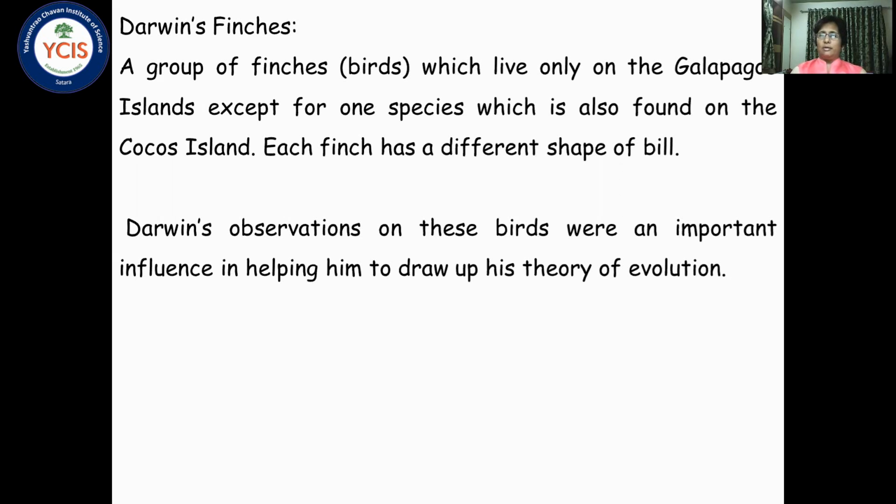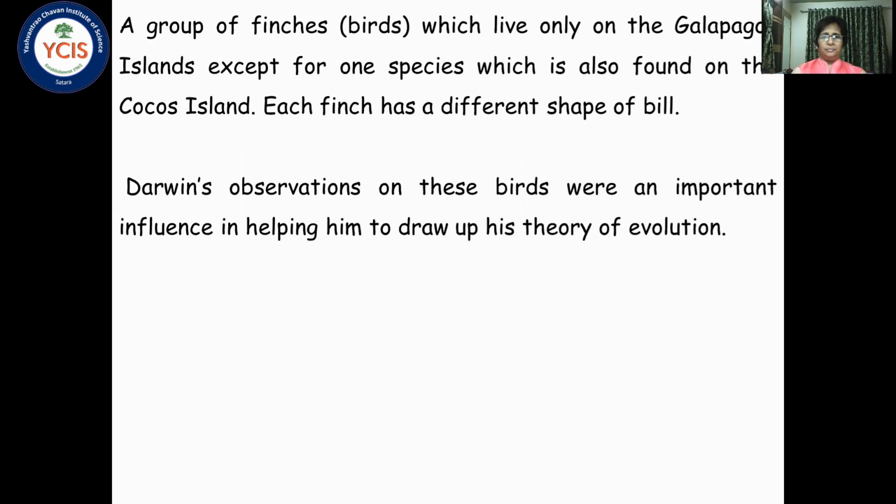Each finch has a different shape of bill to suit its method of feeding. Darwin's observations on these birds were an important influence in helping him to draw up his theory of evolution.